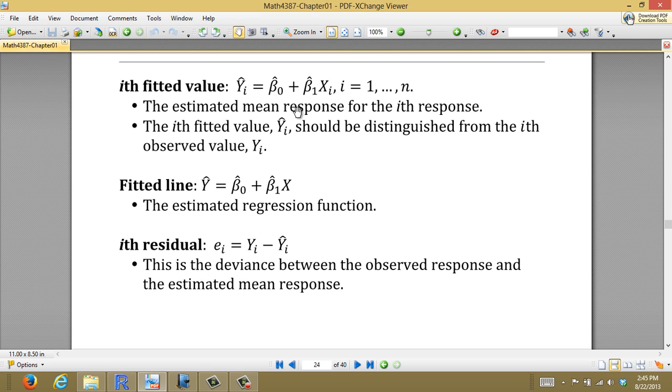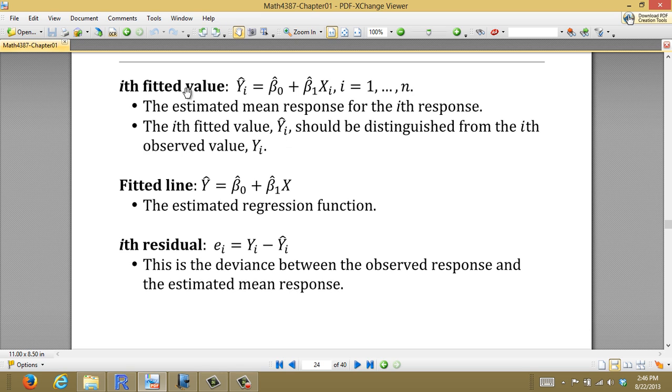For the ith value of x, we plug that into our estimated regression function, and that gives us our ith fitted value. Notice that this is not the same thing as the ith observed value. The observed value is y sub i. The ith fitted value, the value we obtain when we plug x sub i into the estimated regression function, is denoted y hat sub i.